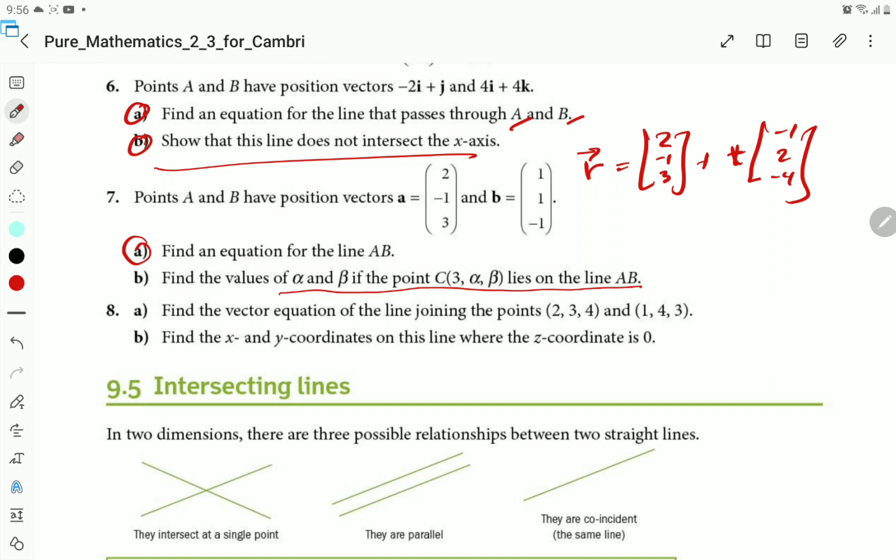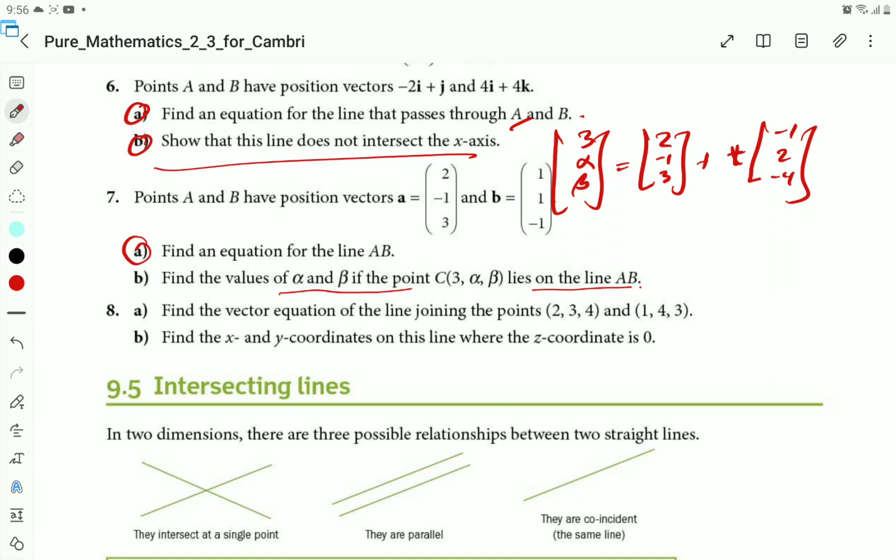So just plug in this one here, and then you have 3 variables. Just solve the simultaneous equations. So basically what you need to do, you plug in that one here, so that is 3, alpha, beta. And then you need to find the alpha, beta, and the t.